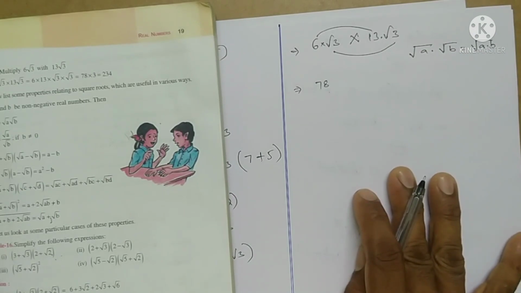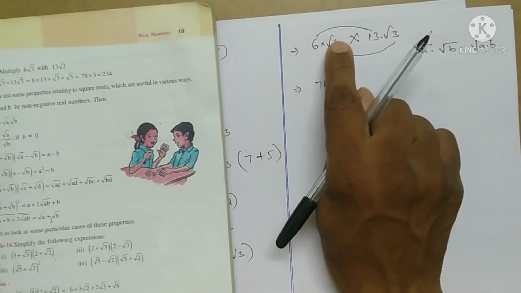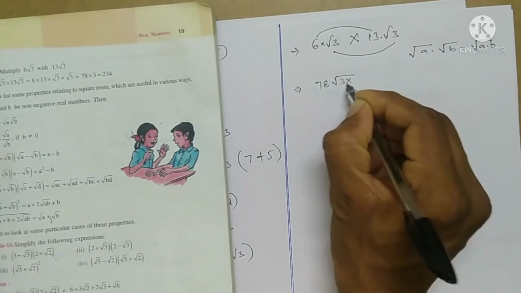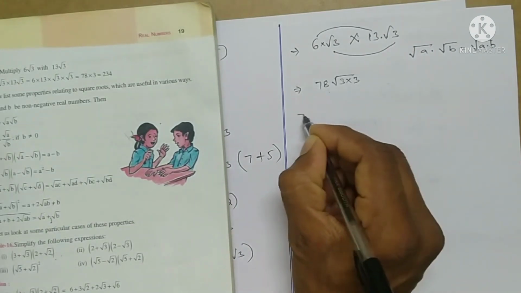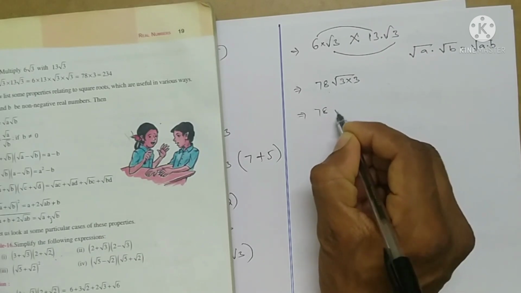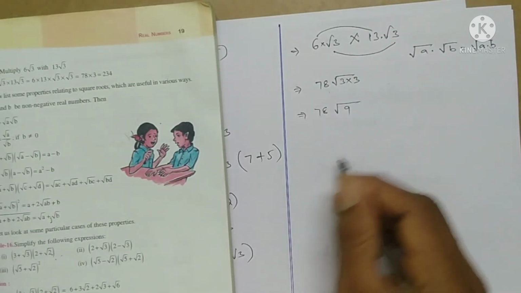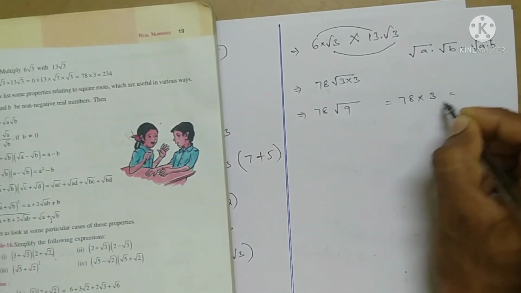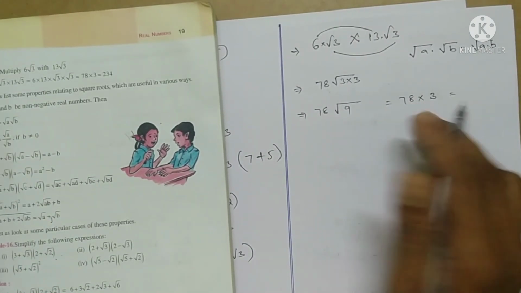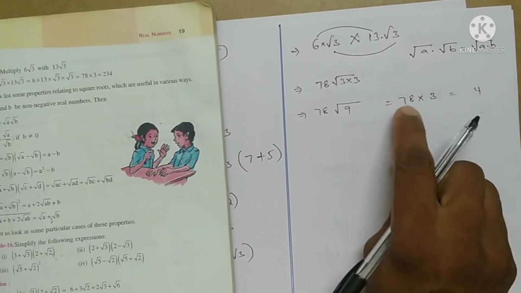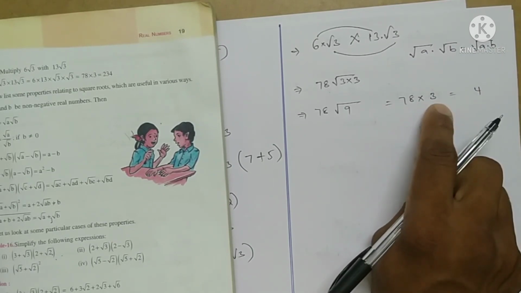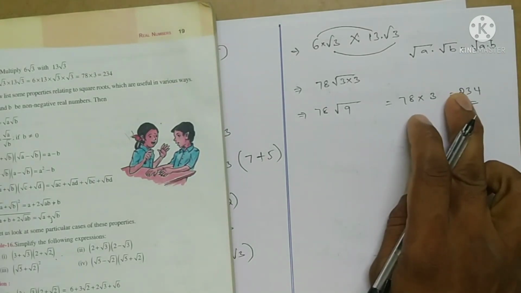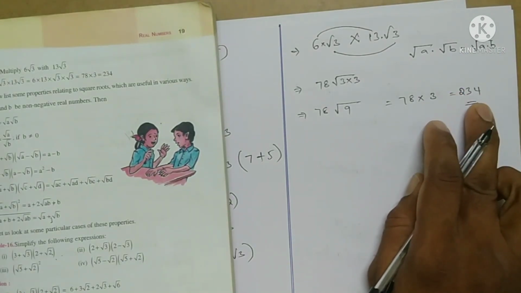So here also under root 3 into 3. So that is equal to 78 into square root of 9. Square root of 9 is 3, so the result is 78 into 3. 8 threes are 24, 7 threes are 21, 21 plus 2 is 23. The result is 234. This is the final result.